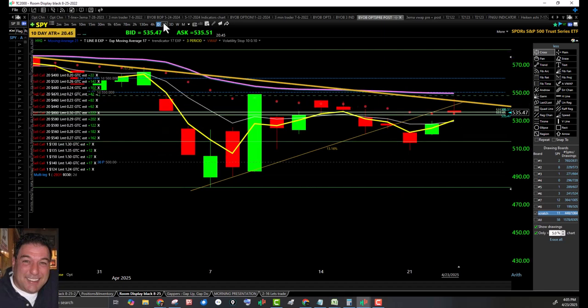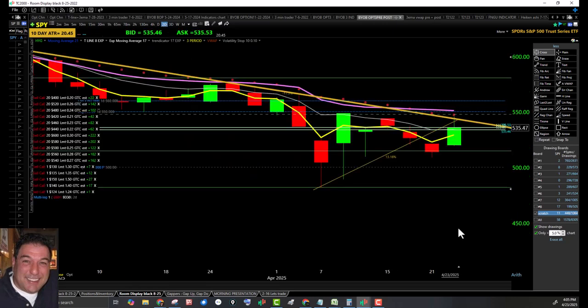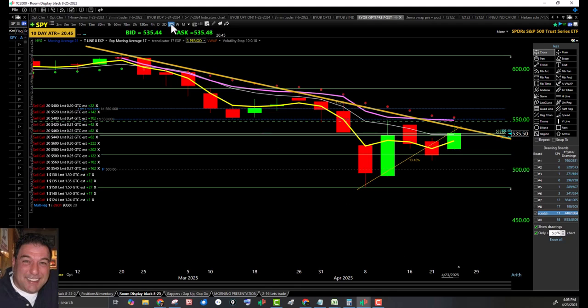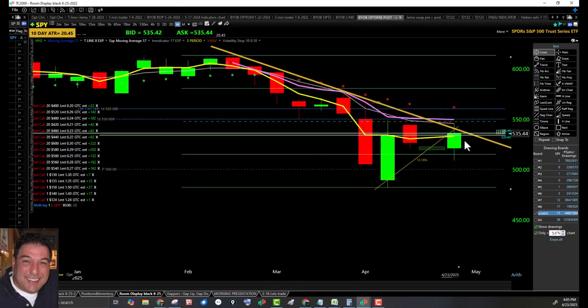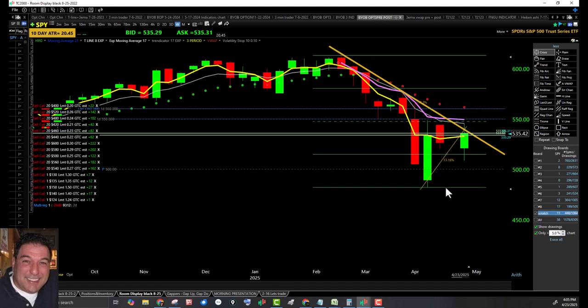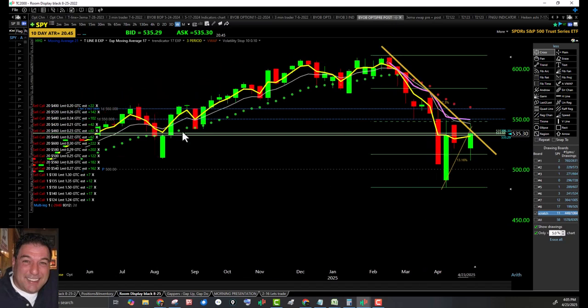Let's take a look at the 2-day chart. 2-day chart still in a downtrend. 3-day still in a downtrend. Weekly still in a downtrend, because we took out this low, and this low, and we made lower lows. So weekly still in a downtrend. Monthly is still in an uptrend. So we got a monthly chart in an uptrend, and a weekly, a 3-day, and a 2-day still in a downtrend.